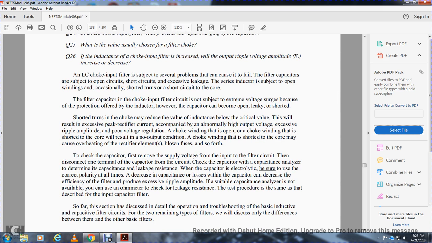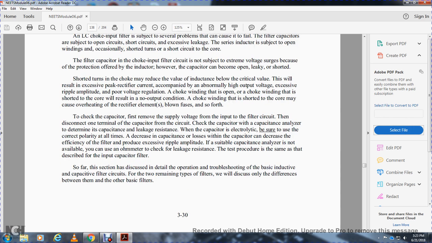Shorted turns in the choke may reduce the inductance, which results in excessive peak rectifier current, accompanied by abnormally high output voltage, excessive ripple amplitude, and poor voltage regulation. An open choke winding results in a no output condition. A choke winding shorted to the core may cause overheating of the rectifier element, a blown fuse, and so forth.